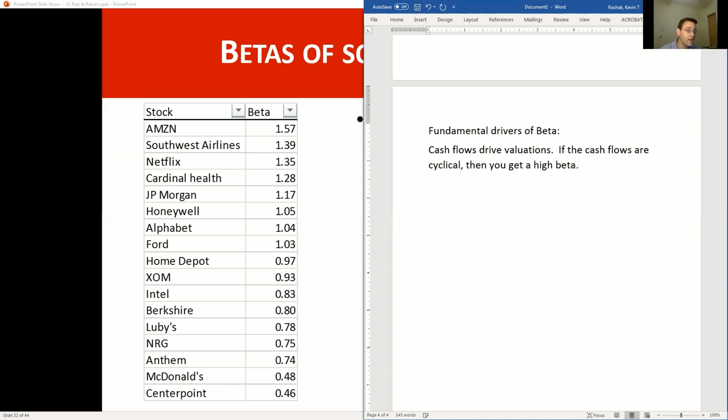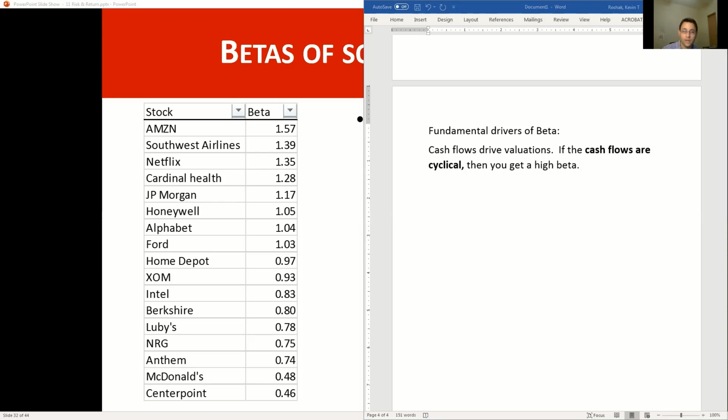When the overall economy does well, your cash flows are high. When the overall economy does poorly, your cash flows are low. That would be a high beta stock. So what could drive these cyclical cash flows? Well, the first thing would be revenues, right? If your sales go up and down in a very cyclical way, then you're going to have cyclical cash flows.